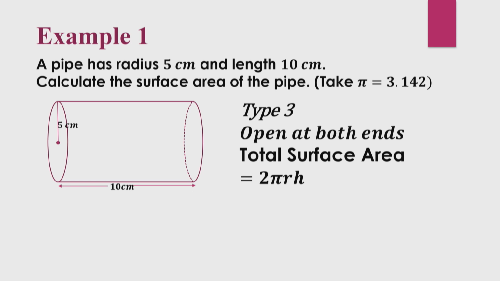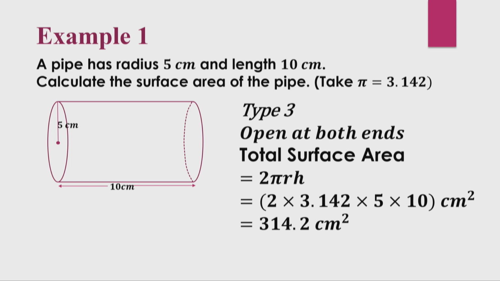Substituting the values, we get 2 multiplied by 3.142 multiplied by 5 multiplied by 10 centimeters square. Evaluating this, we get 314.2 centimeters square. Rounding this off to three significant figures, we get 314 centimeters square.